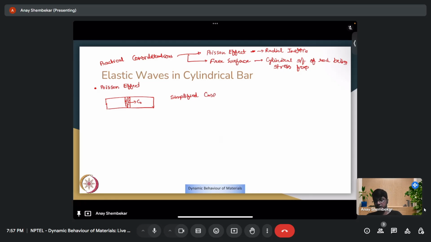And if you account for Poisson effect, what you would have is small expansion along the radial direction. Real case. So here you have radial expansion, or rather the transverse expansion with axial compression.